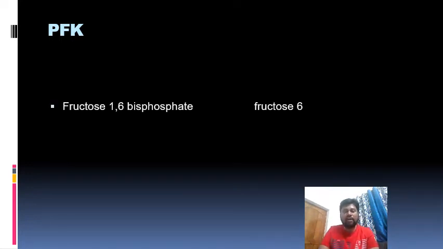Next, the second irreversible reaction is catalyzed by phosphofructokinase. What is the action of this enzyme? Like any kinase, it results in a phosphorylation reaction. It adds a phosphate to fructose 6 phosphate and converts it into fructose 1,6 bisphosphate. This is the reaction catalyzed by phosphofructokinase in the glycolytic pathway. Now the same reaction will be reversed.